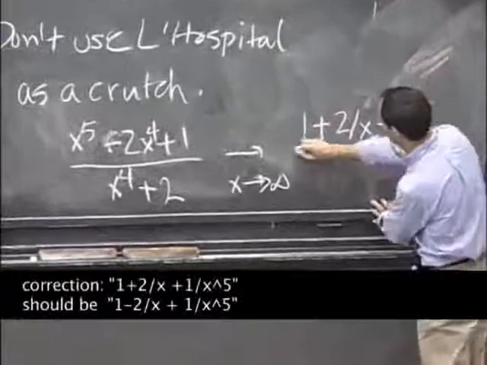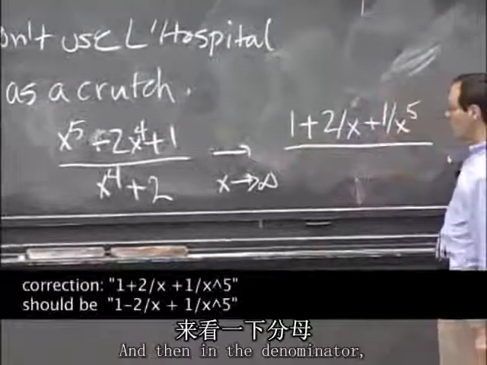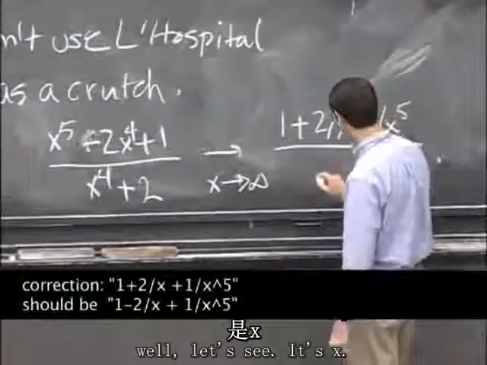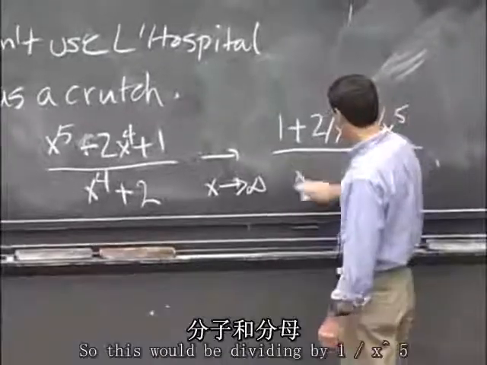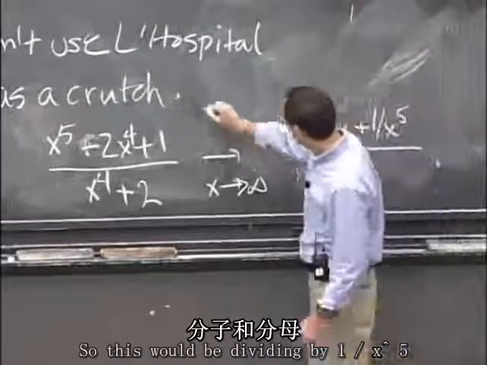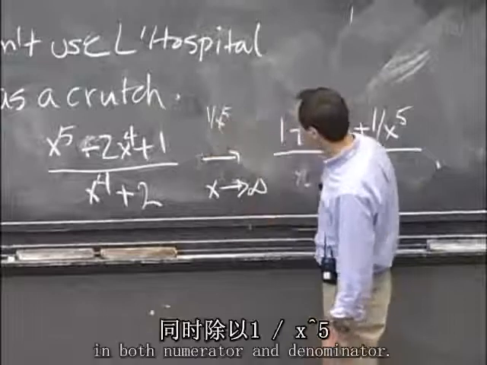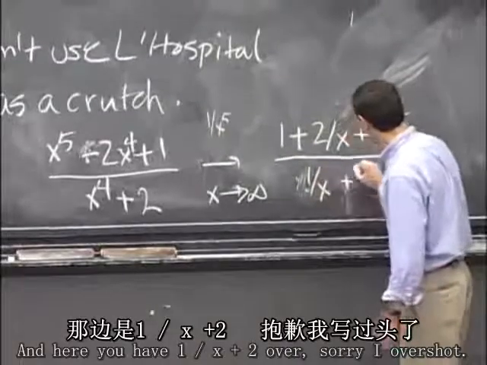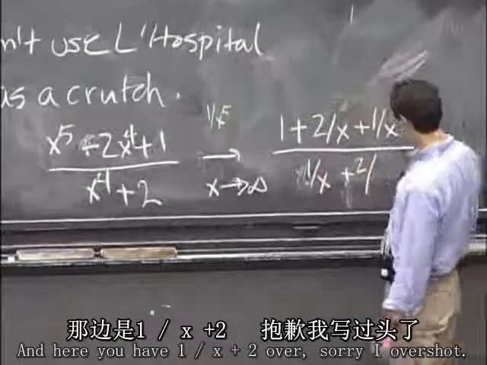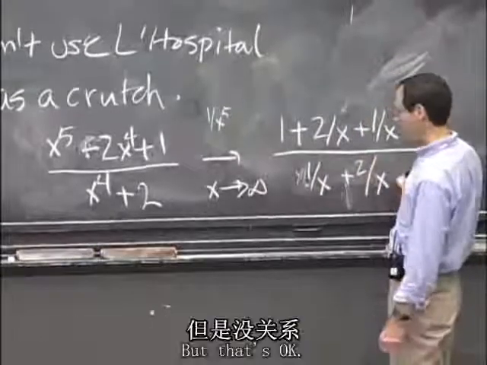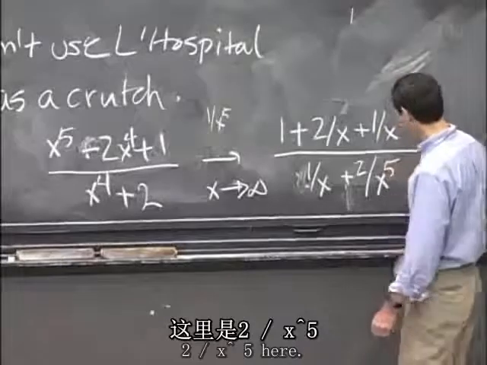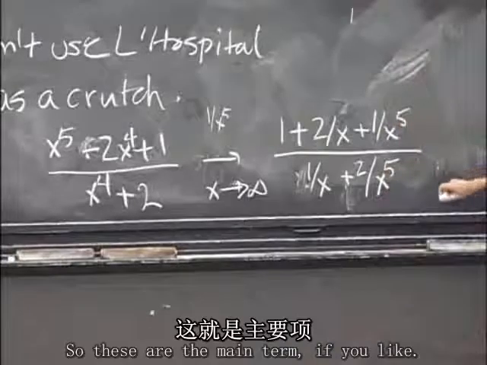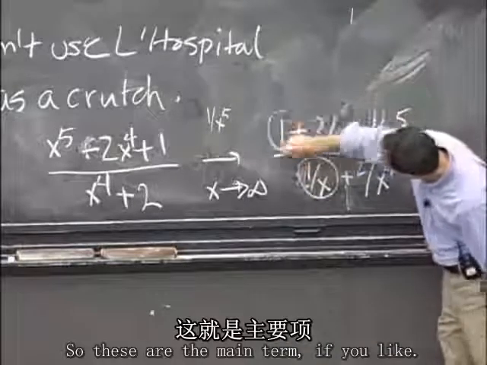All right? And then in the denominator, well, let's see. It's x. So this would be dividing by 1 over x to the 5th in both numerator and denominator. And here you have 1 over x plus 2 over x to the 5th here. So these are the main terms, if you like.